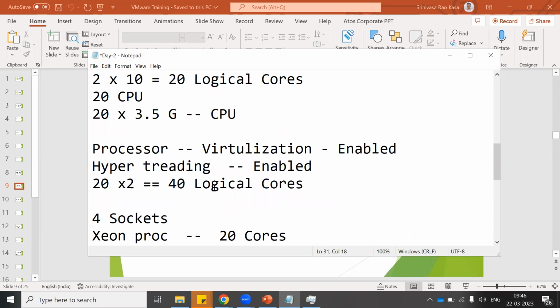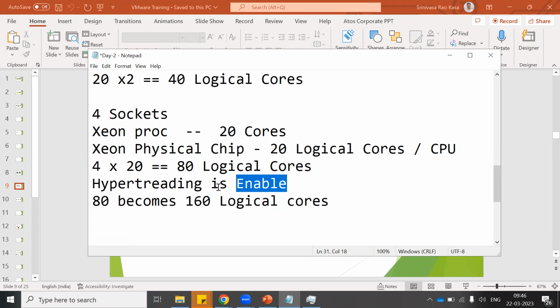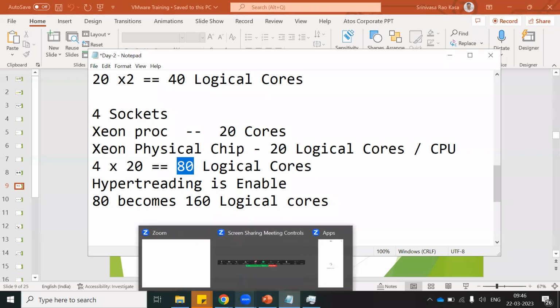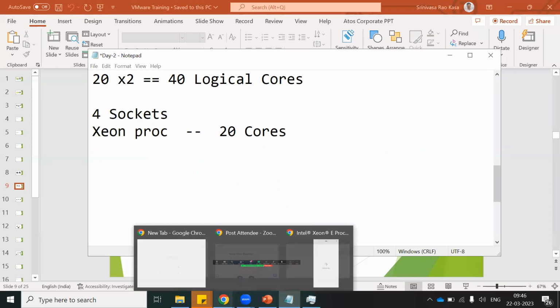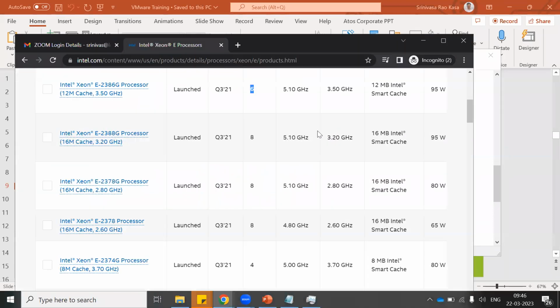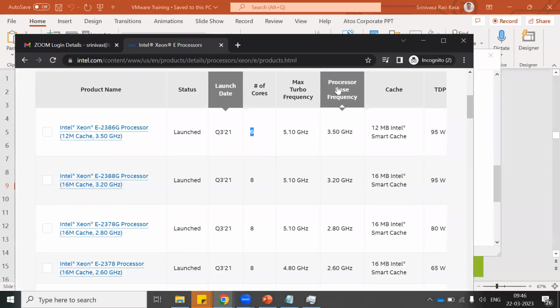Okay. See here. What about the speed? Now, 160 into total speed, or 80 into speed? While considering speed, we have to calculate with the logical processor speed only. See here, what is this? Processor base frequency. What is the maximum turbo frequency?